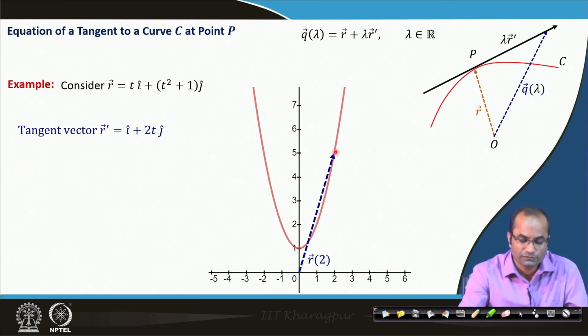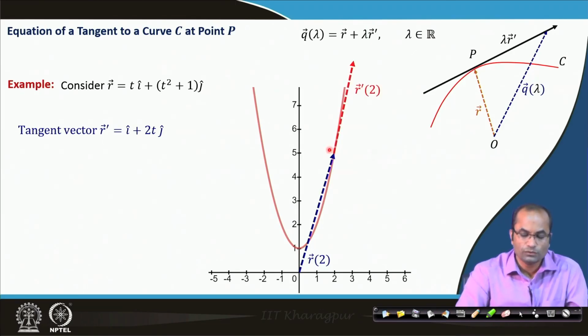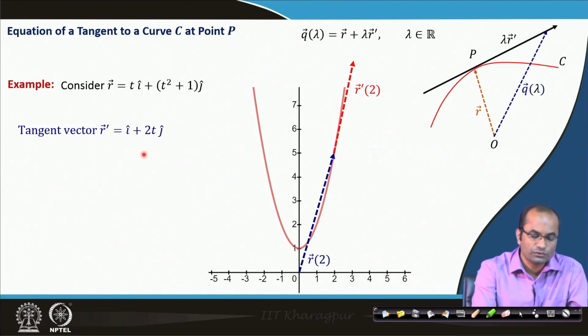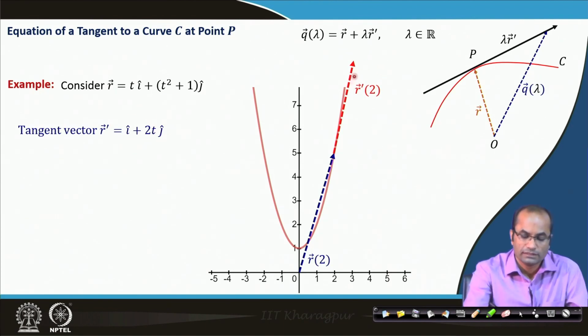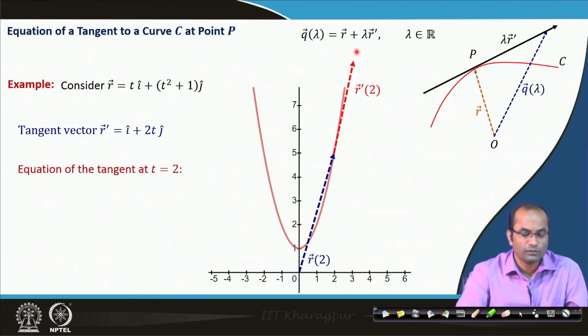So, this is the position vector for t equal to 2, and we can also draw from this, i plus 2t j, the tangent vector at this point. Now, to get the equation we just add the two. We have r evaluated at 2 plus lambda, which is a real number, times r prime again evaluated at 2.